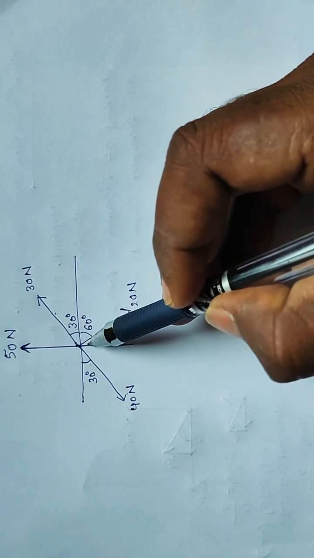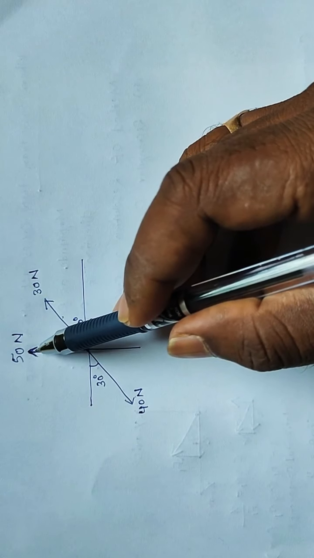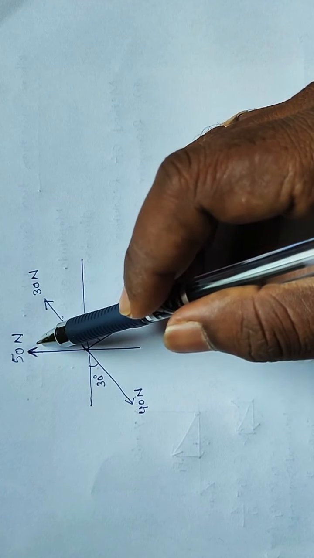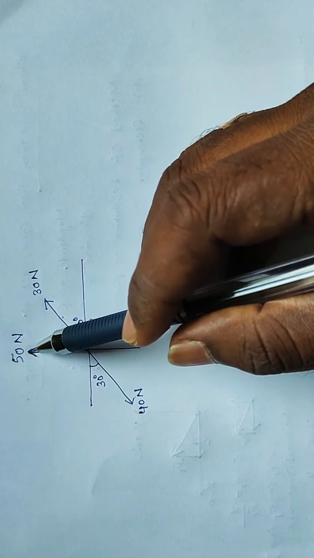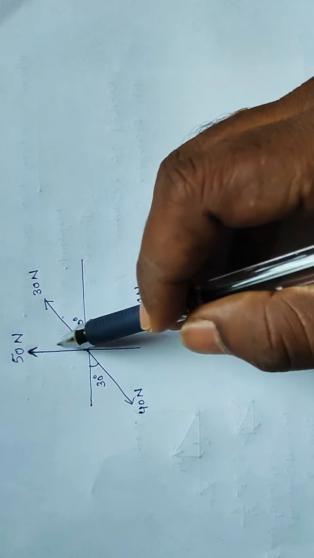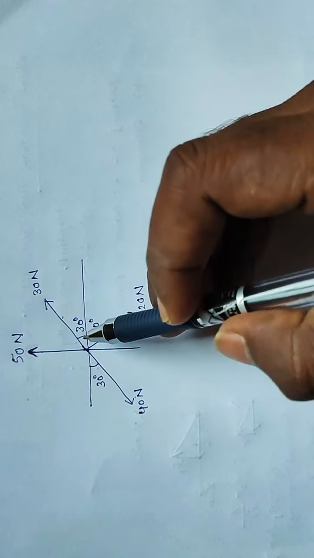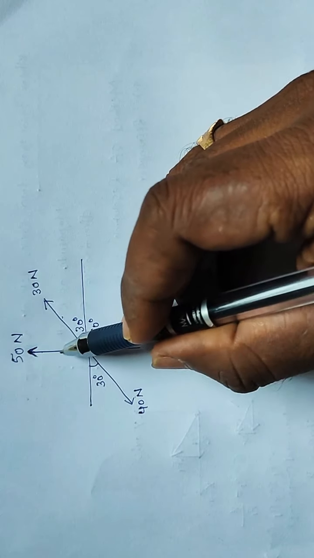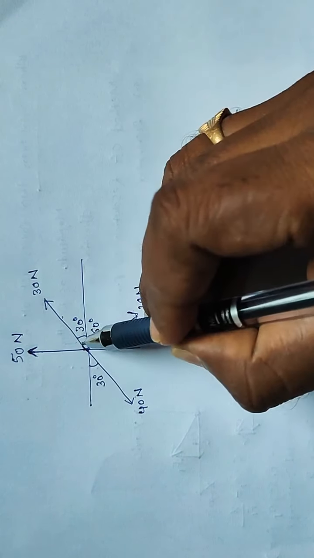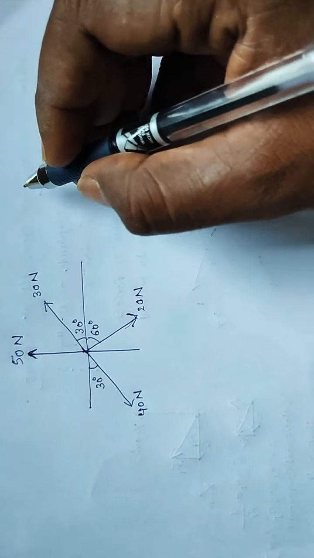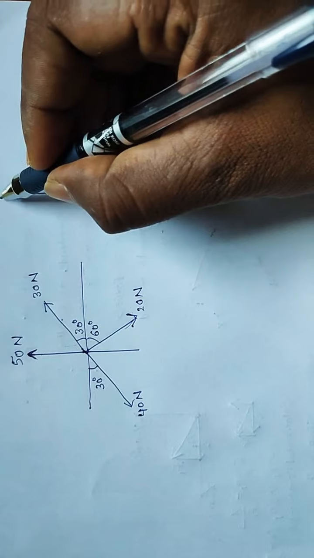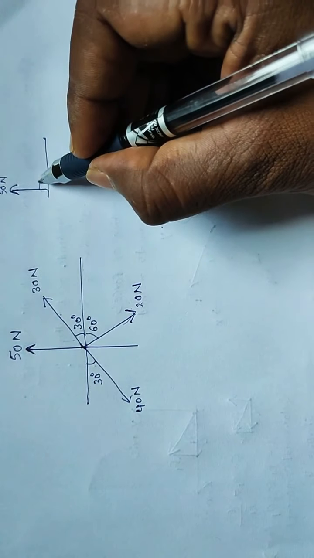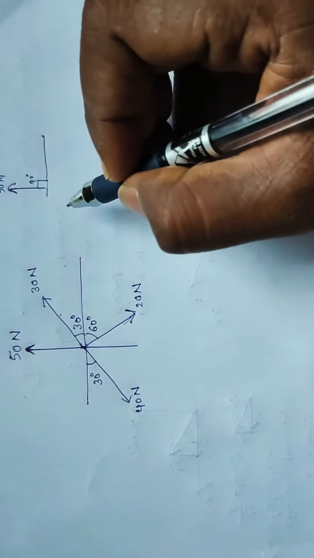It is a directly vertical force, so it is not going to have any horizontal component. It has only a vertical component, and that vertical component is 50 only. Or you can say it is directly perpendicular to the horizontal, so it is making 90 degrees with the horizontal.